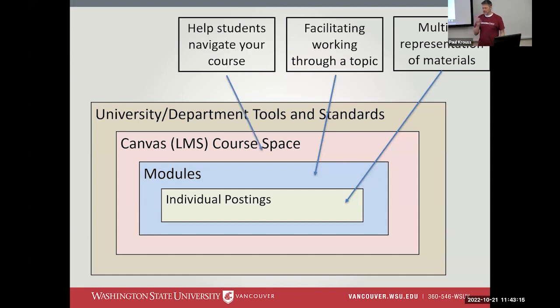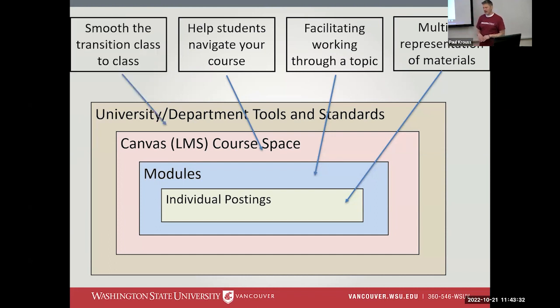And then when you think about up one level further to your course space, you can ask yourself if this is helping your students navigate that course space, that entire course, right? So are they able to then move through the course smoothly? And then last but not least, when we consider the university standards or the university tools, that also helps us ensure a smooth transition from course to course, so that students aren't learning all this new stuff for every new course and have 20,000 different logins because everyone's using different tools.